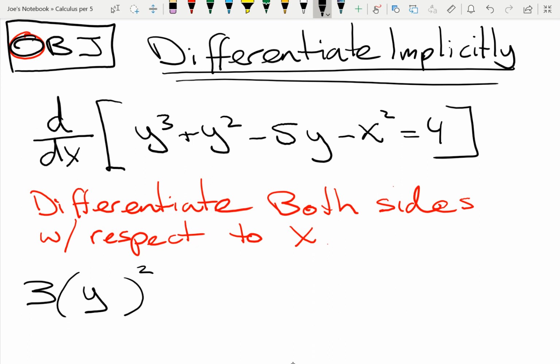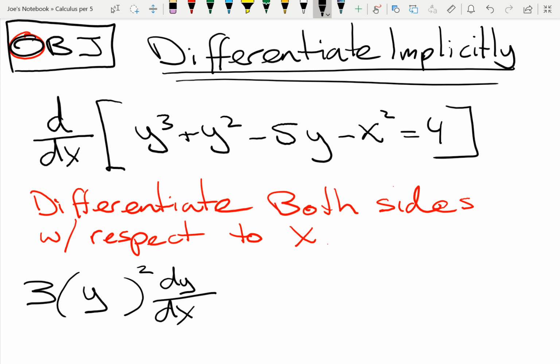So I differentiated the outside times the inside. Now the derivative of the inside is 1 times dy dx. What that does is tell you that this is the differential of y with respect to x.